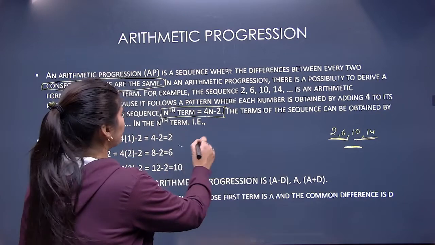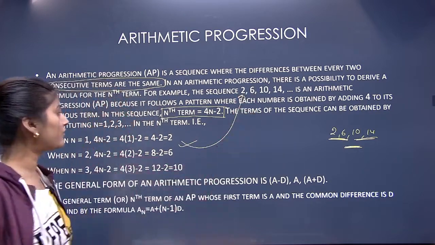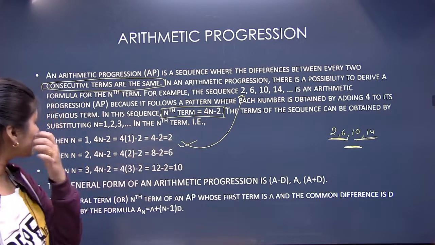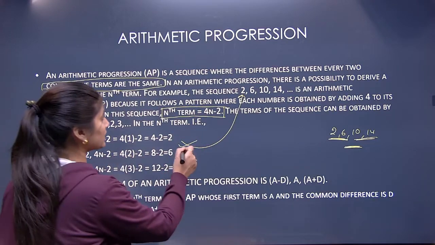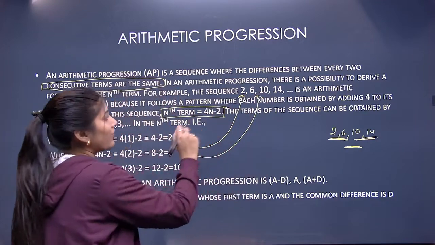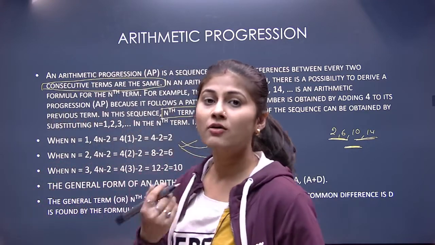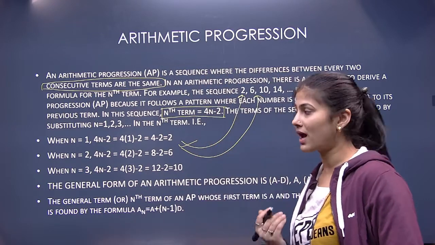So this is the first term, isn't it? Similarly, 4 into 2 minus 2, 8 minus 2, is 6. This is the second term. So in this formula, if I put the value of n as 1, 2, 3, it will give the first term, second term, third term, and so on.